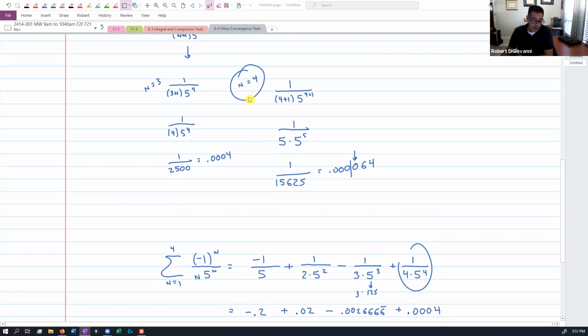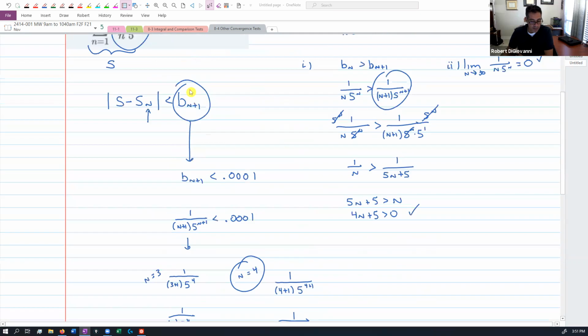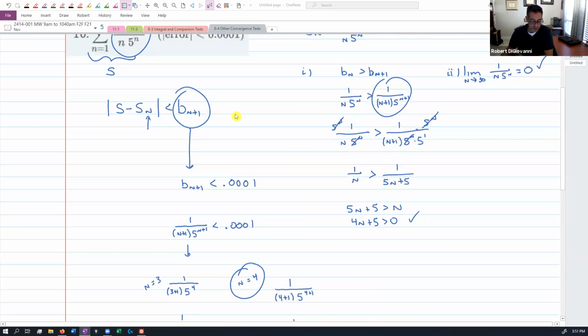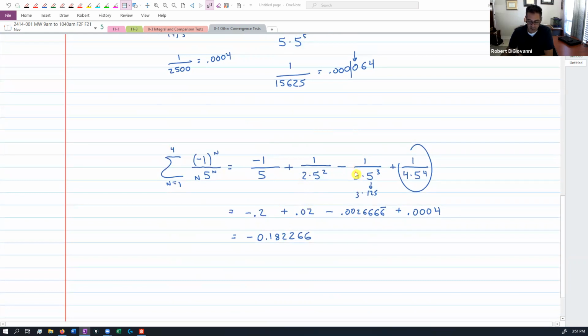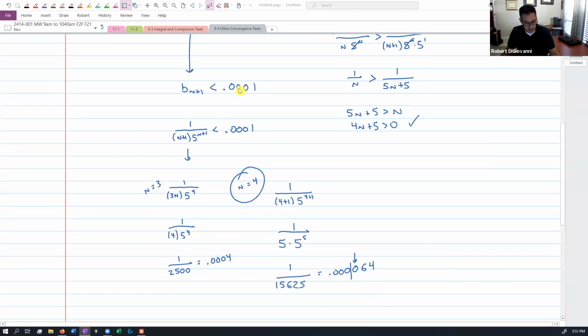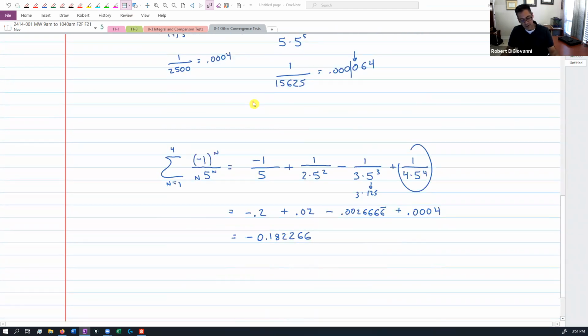Okay, so we figured out that we only have to sum the first 4 terms to be within this much of the true answer. So I did the first 4 terms, I converted these to decimals on my calculator, and then I got this. So what we know is that this is within, let's see, tenths, hundredths, thousandths, within 1/10,000.